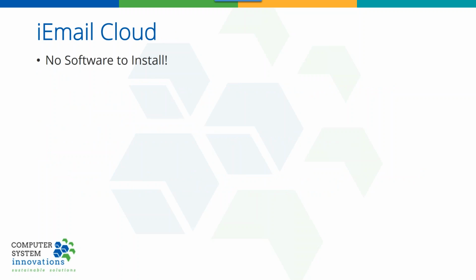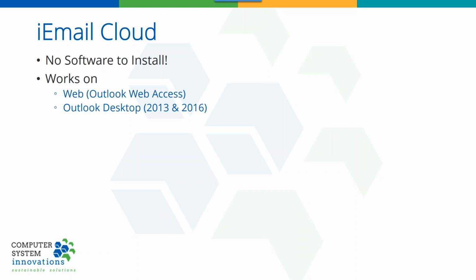So what's the cool thing about iEmail Cloud? Well, there is no software to install, which is pretty cool. What else? Well, it works on a lot of different things. It works on Outlook Web Access. It works on the Outlook desktop. It works on your mobile device.